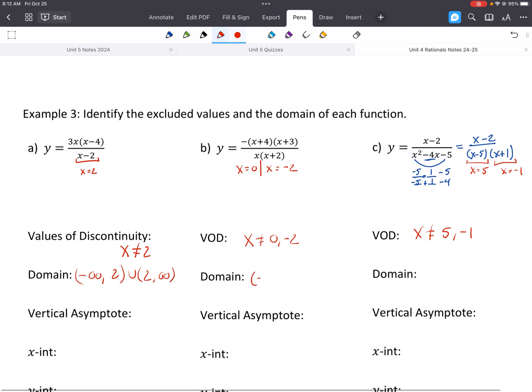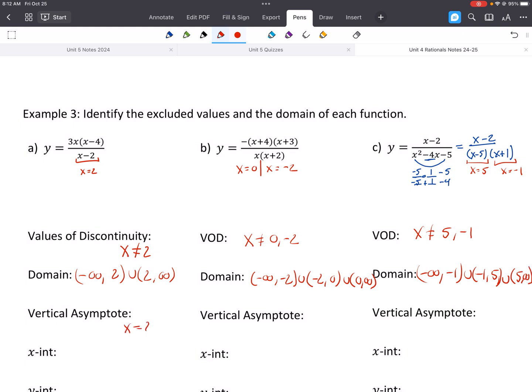Domain here would go -infinity to -2, and then -2 to 0, and then 0 to infinity. And then this one would go from -infinity to -1, -1 to 5, and then 5 to infinity. Okay, vertical asymptotes, we already wrote that up at the top, so I'll just write those here.